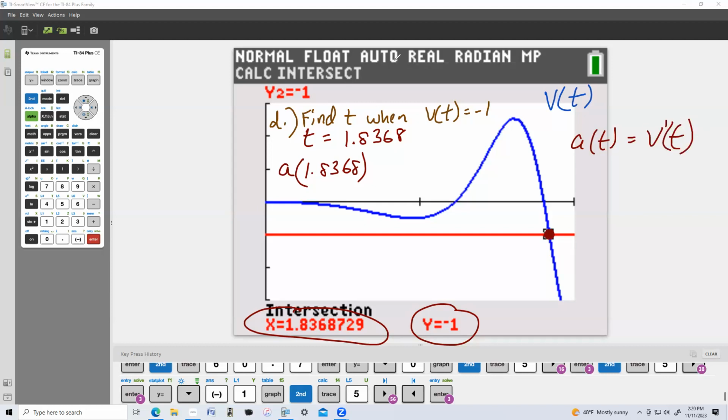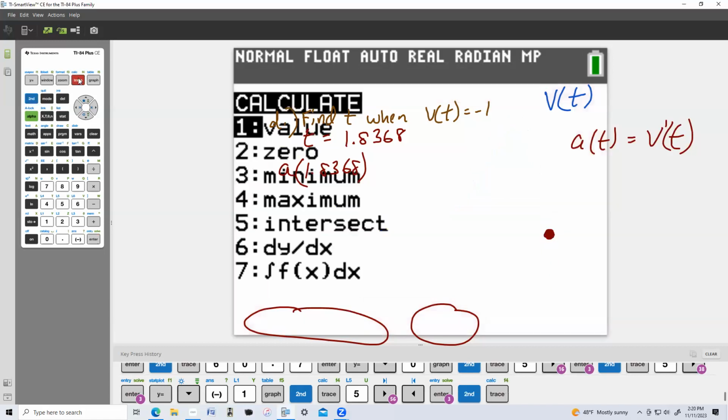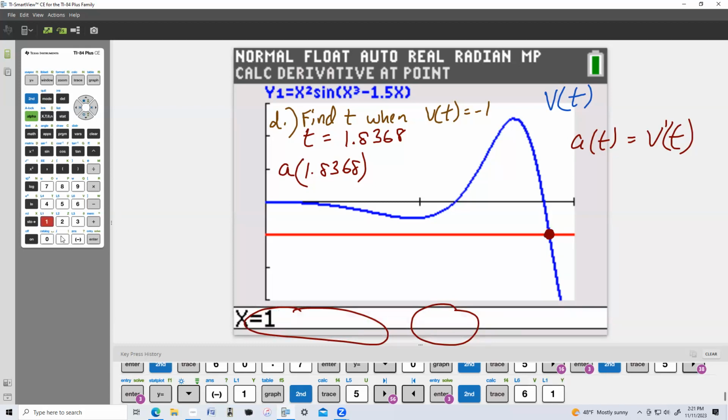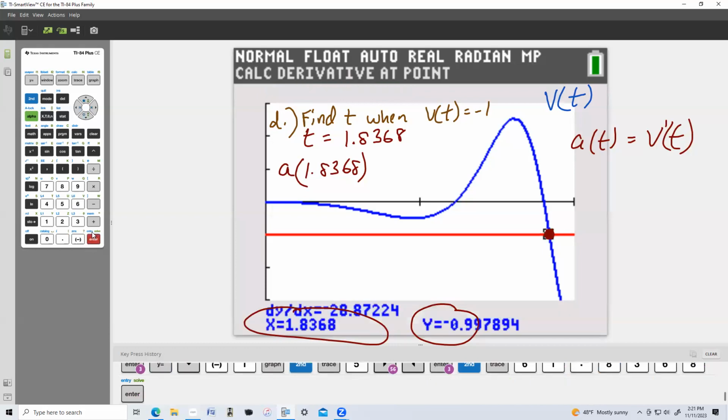So I'm going to go to second, trace, which is the calculate menu, dy dx, which is derivative, option 6. And I want the derivative at the time 1.8368. So I'm going to literally just type in 1.8368, enter, and there it is. Okay, that will give you your derivative, which will be acceleration.